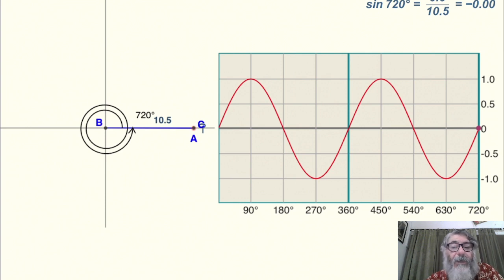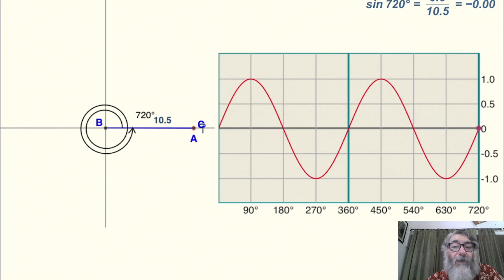Period is 2 pi. After 2 pi, it will keep repeating. That means after 2 pi, it will keep getting the same value. The curve will repeat itself. And the domain of the function is the set of real values. And what is the range?